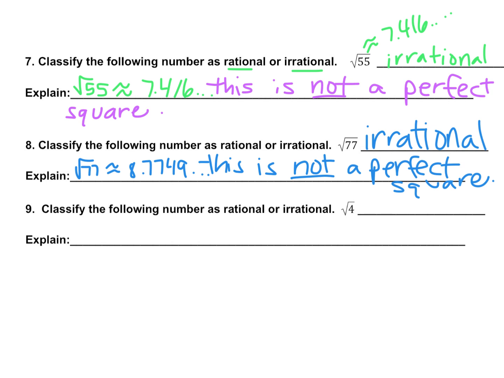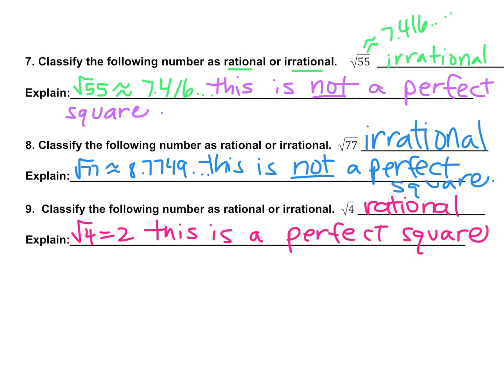And the square root of 4, well, I know 2 times 2 is 4, so this one is going to be rational because the square root of 4 is 2. So this is a perfect square. Okay, so that's that. Make sure you have your explanations.